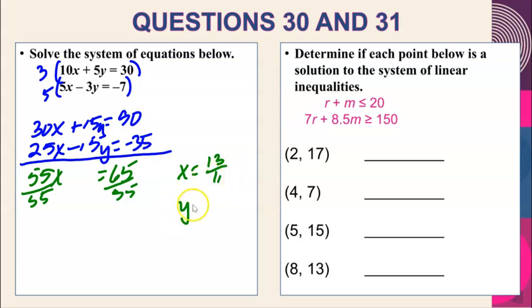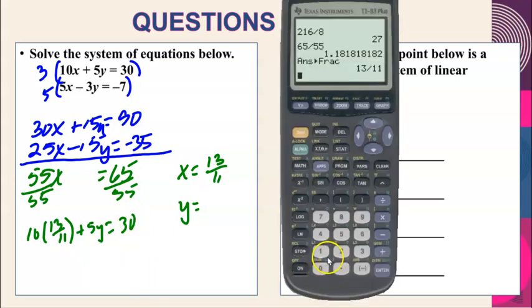And then to find my y, all I need to do is put 13/11 in for one of these. I'll do the top one. So we have 10 times 13/11. We're going to add 5y to it, and then equals 30. So grab our calculators here. We have 10 times 13, which is 130, divided by 11.